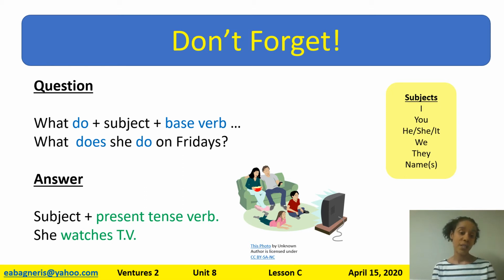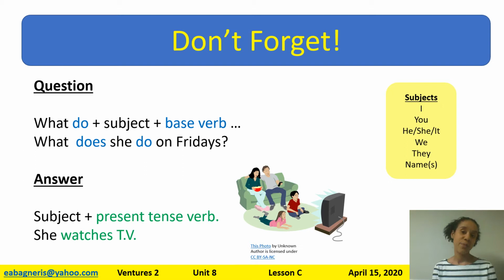So my example here, what does she do on Fridays? What does she do on Fridays? And my answer, we have to move it to present tense verb, and it has to agree with she. She watches TV.